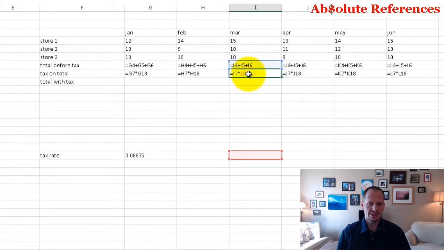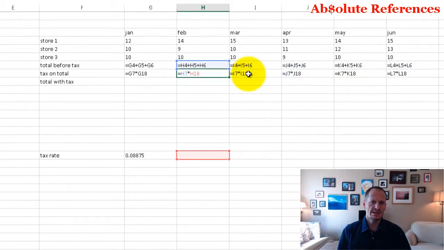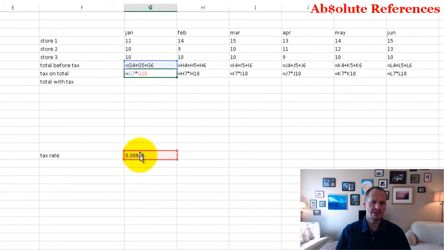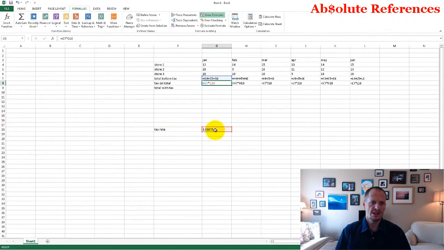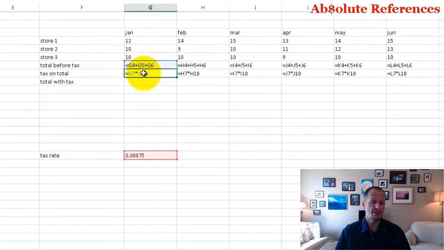And in these instances, there's nothing down there. So I need some way to say that this reference to this cell, G18, I need some way to hold that reference to G18 constant or absolute as I move my formula around.